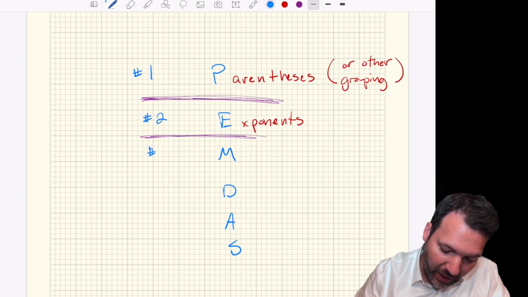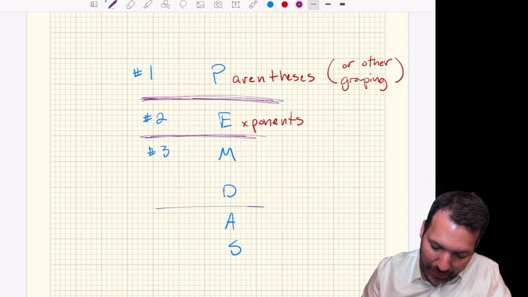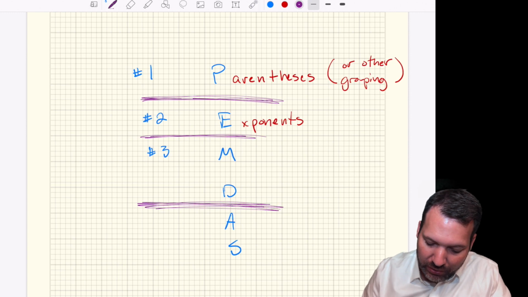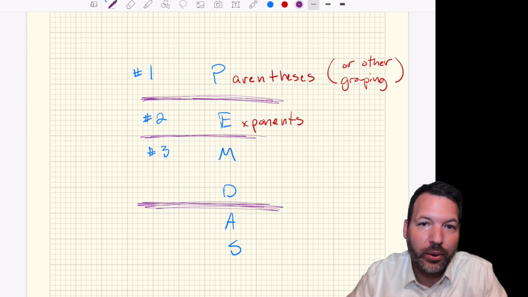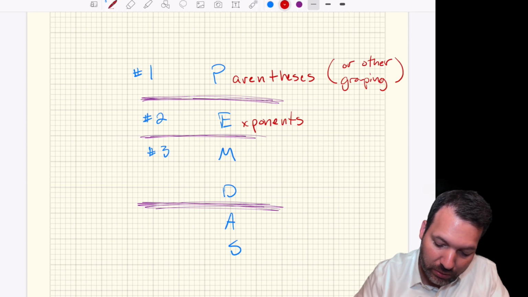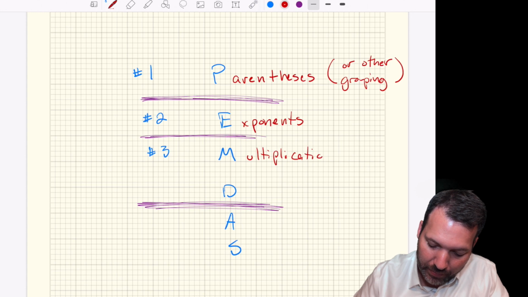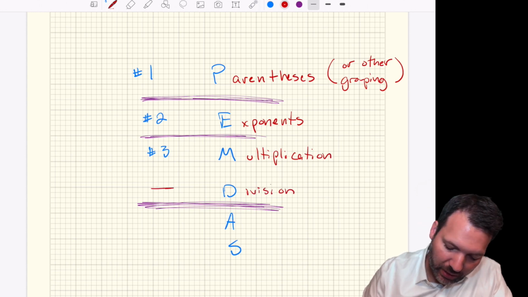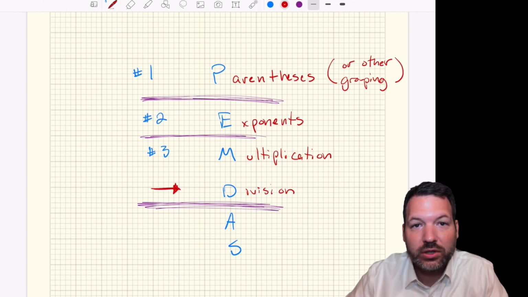And then after that, in the same step, we get multiplication and division. They have the same priority. They're both number 3 priority. To decide what order to do them in, we simply look at them left to right.